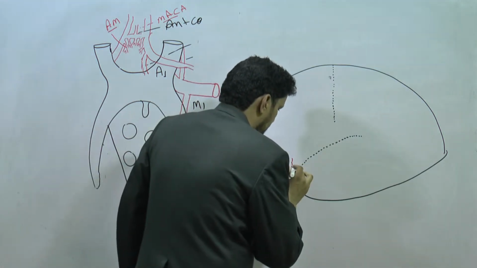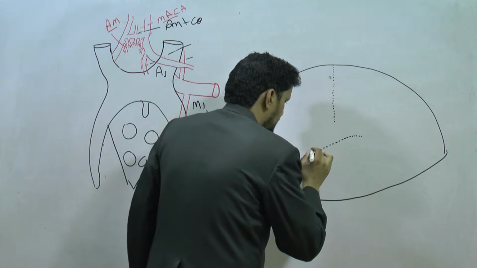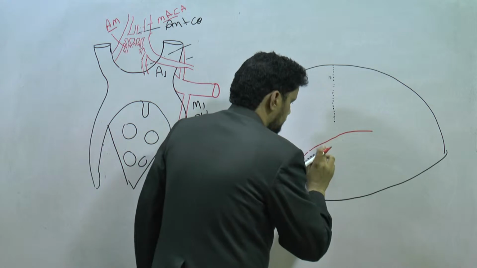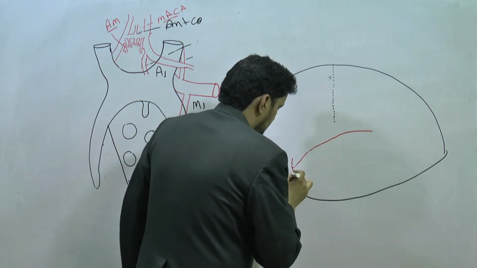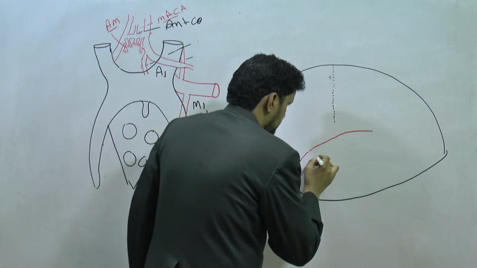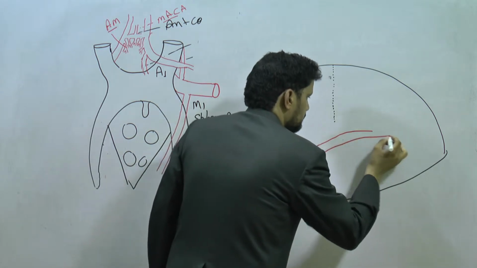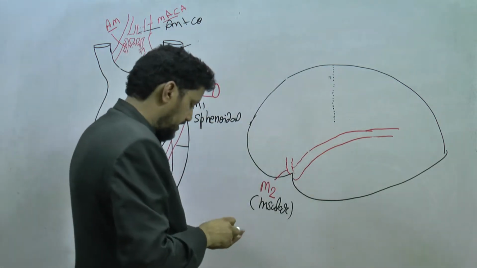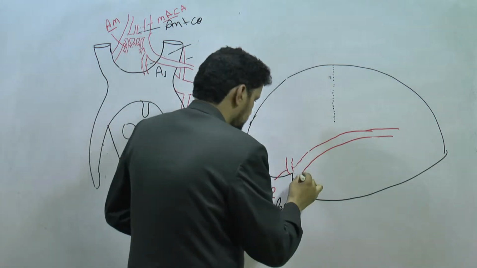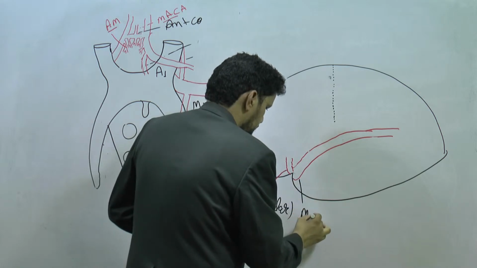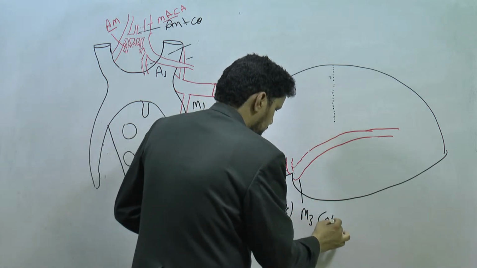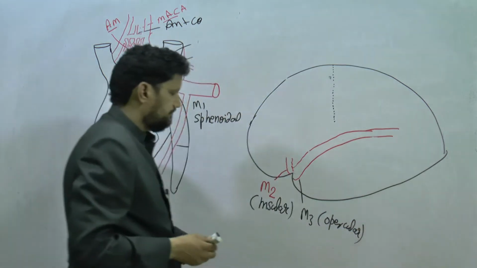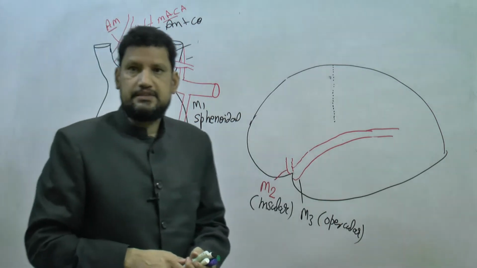Then the artery is running upwards and backwards in the posterior ramus of the cerebral hemisphere. And finally M4 is cortical.